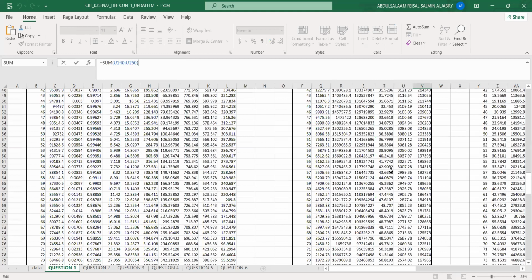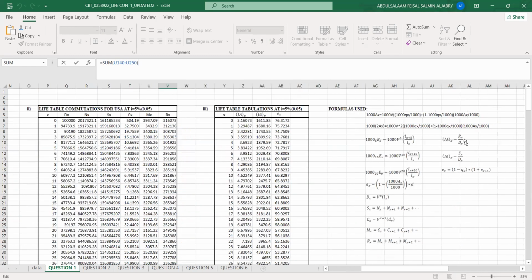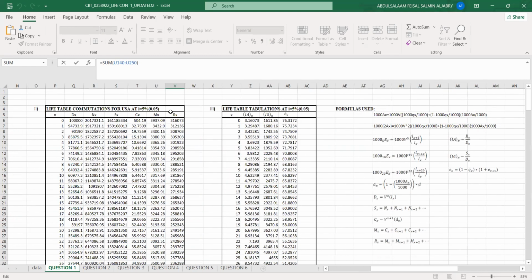So the last part is to find the tabulations for I equals 5% and for I equals 6%. To get the IAx, the formula is right here, basically Rx over Dx. I just need to divide the values I found before and drag all the way down. To get the IA double dot x, the formula is Sx divided by Dx.